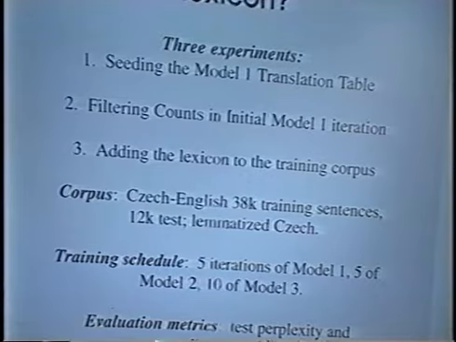And Mike is going to talk about adding the lexicon to the training corpus in the spirit of Brown et al. 1994. The corpus that we used for all of these experiments, like I said, was a 50,000 Czech to English set of sentences, and the Czech was lemmatized. The training schedule that we used was 5 iterations of Model 1 training, 5 of Model 2, and 10 of Model 3. And our evaluation metrics are test perplexity and alignments.